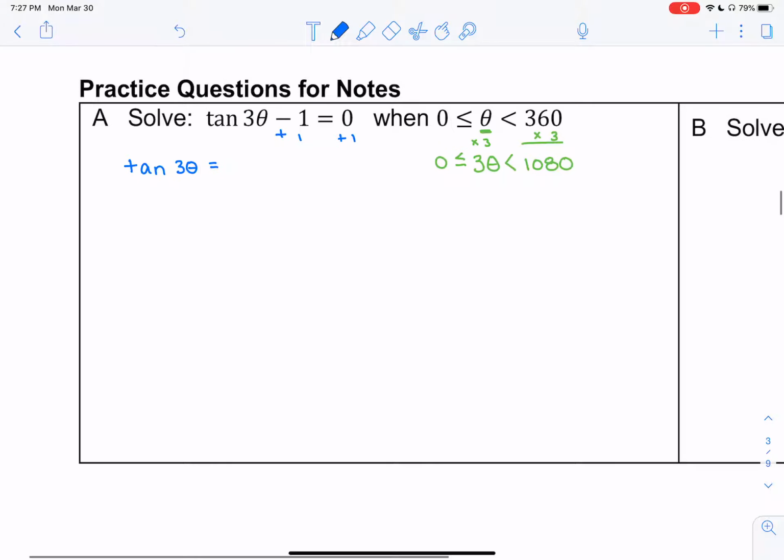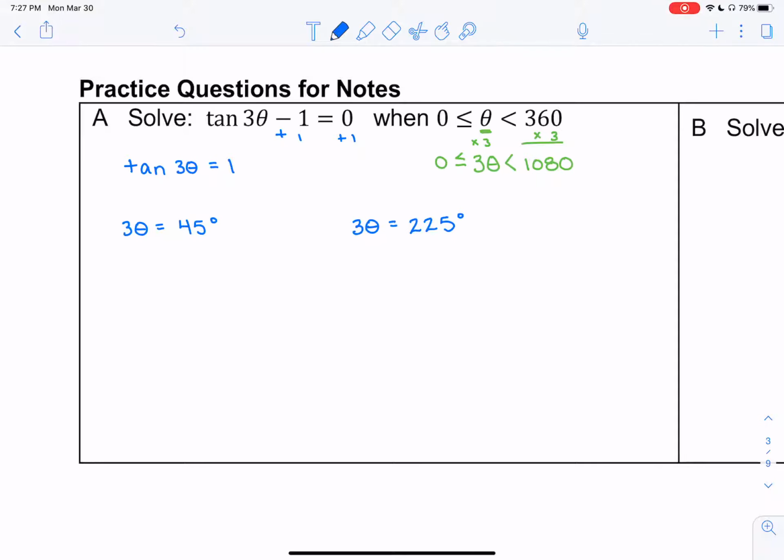On my unit circle, I look and find that tangent is equal to 1 at 45 degrees. Okay, so I'm going to write down here 3 theta equals 45 degrees. It also happens on that unit circle when it's 225 degrees.